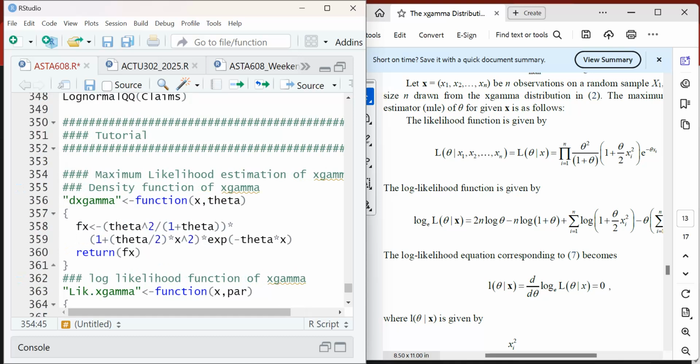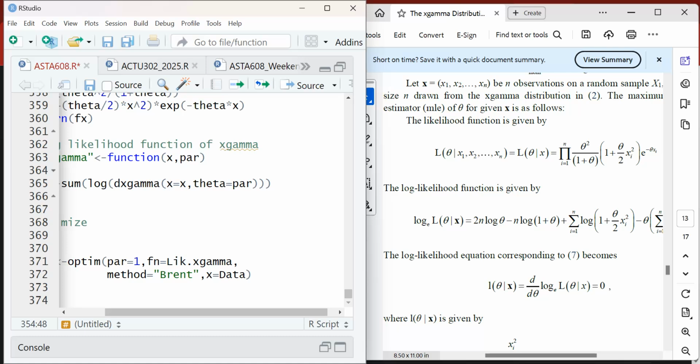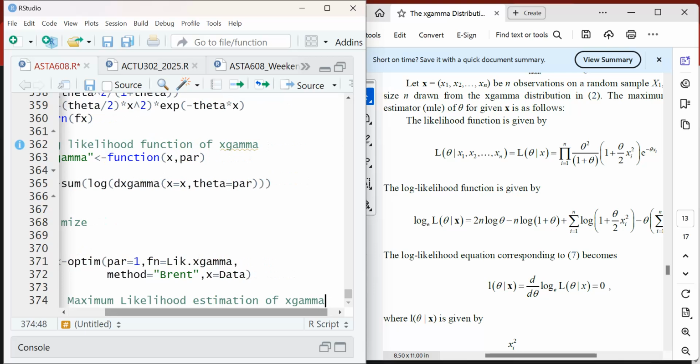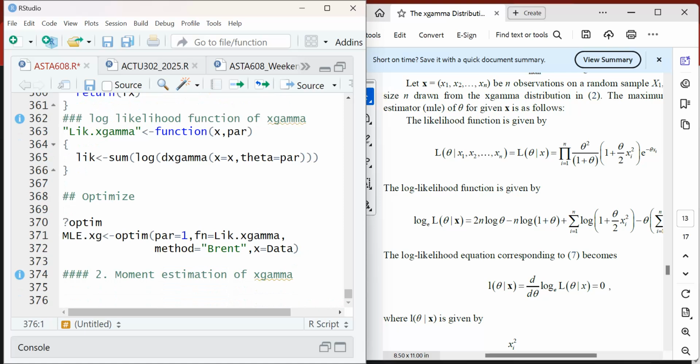And then we are now going to go to 2, which will be moment estimation. The moment estimation will be easy because that one is a function. We just go there and, so 2 will be what? Moment. Okay, this is the parameter likelihood function.